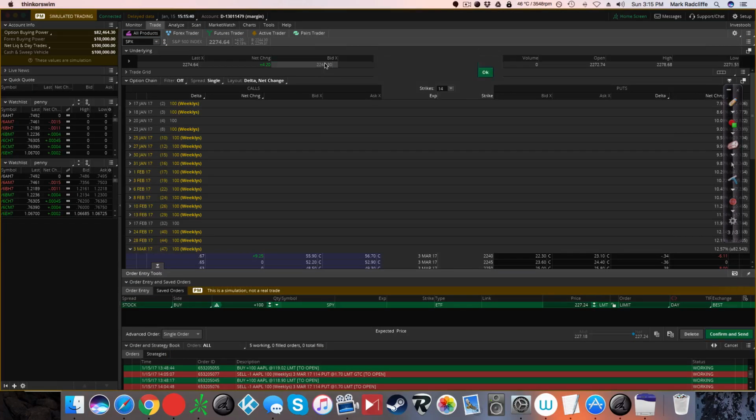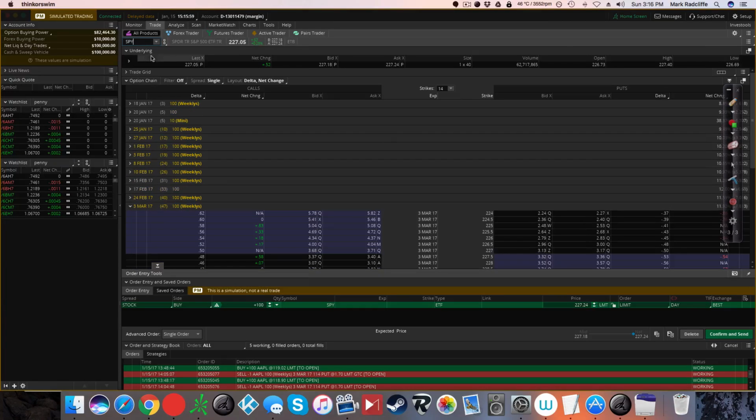It's a pure index, which means that you cannot buy it, but you can sell options or buy options on it. But it's approximately 10 times the size, $2,274 a share instead of, let's go back to SPY, $227 a share.